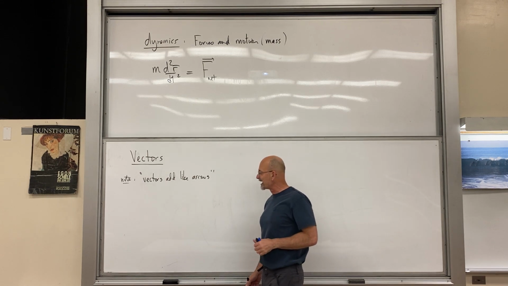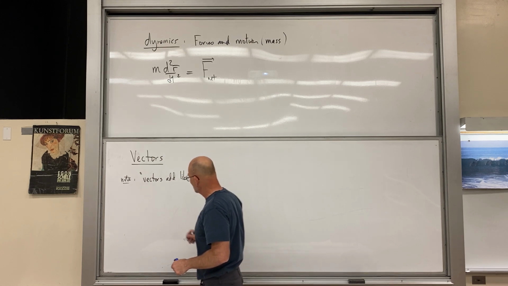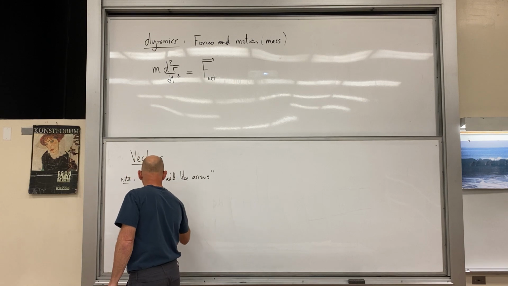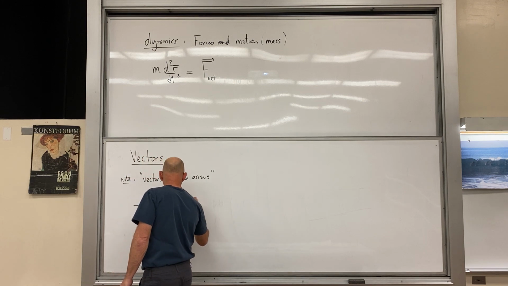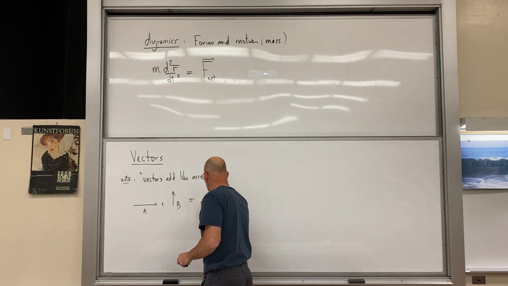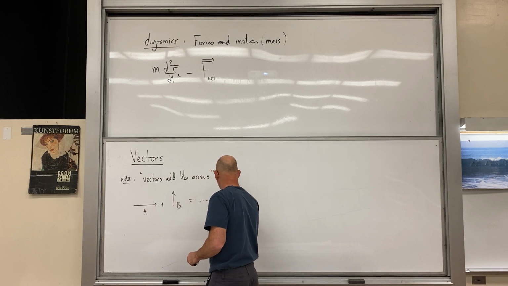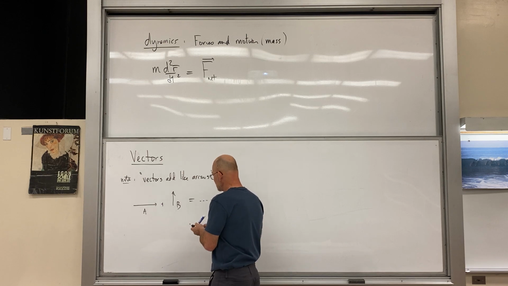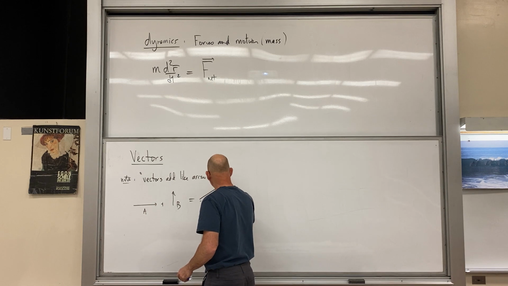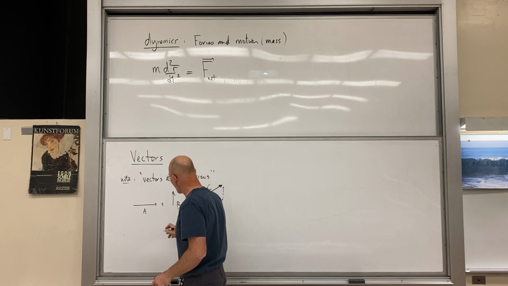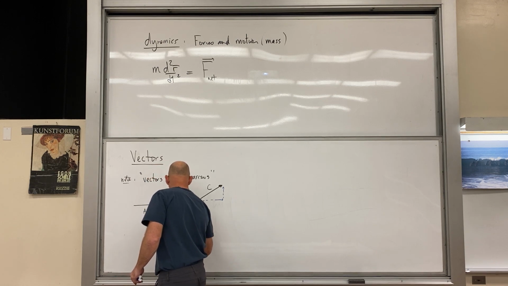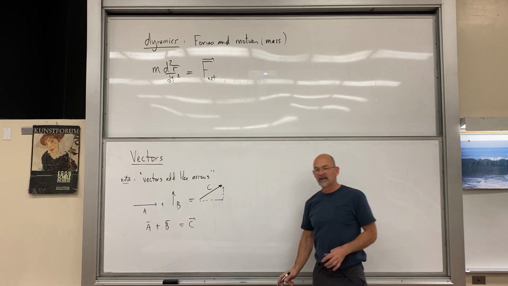They simply add like arrows, which means that if this is A and this is B, then, here I'll do a different color, C is literally the addition of these arrows here. Okay, so that would be my A plus B equals C. Okay. Arrow addition.